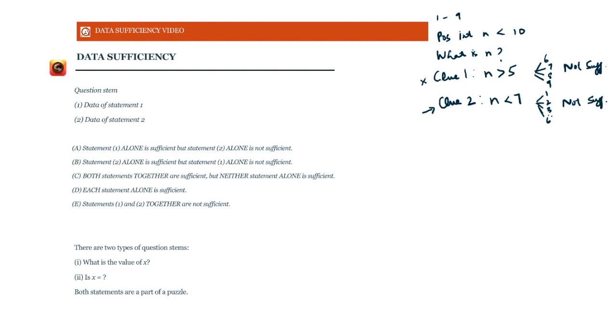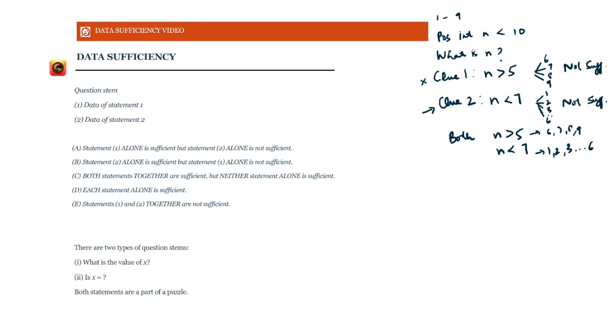So then I say, all right, why don't you try to use the data of both the clues together and then tell me what the answer is, what is n? So now you use both together and you say, all right, n is greater than 5 and n is less than 7. Here the options were 6, 7, 8, 9. Here the options were 1, 2, 3, up to 6.